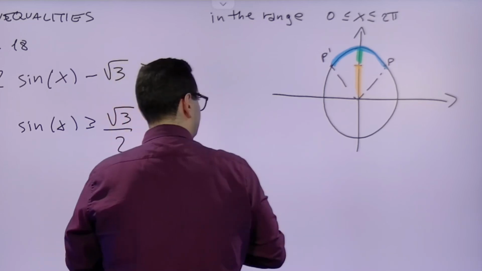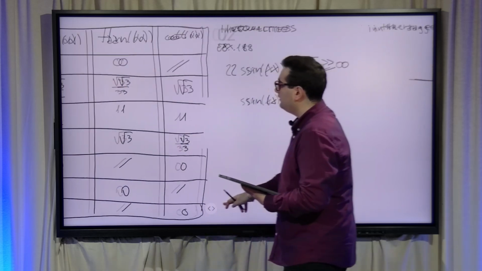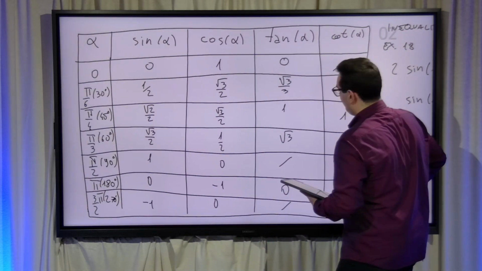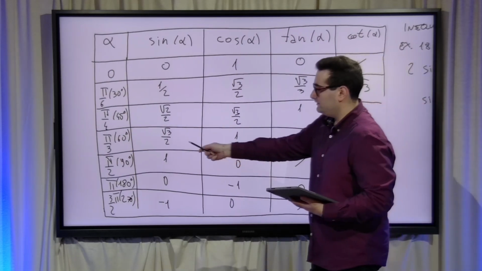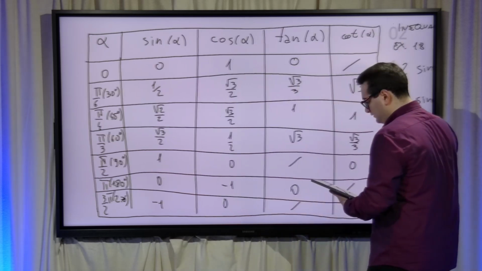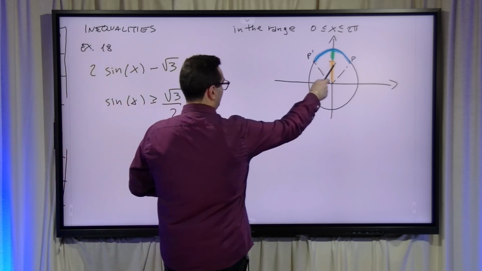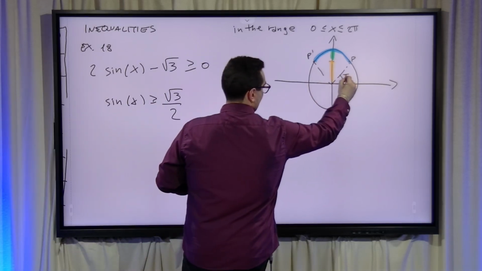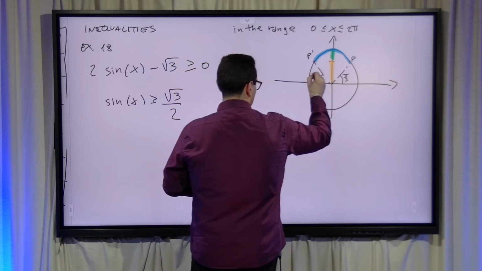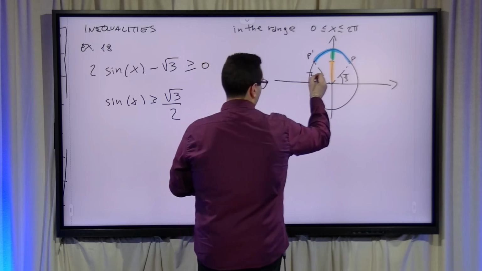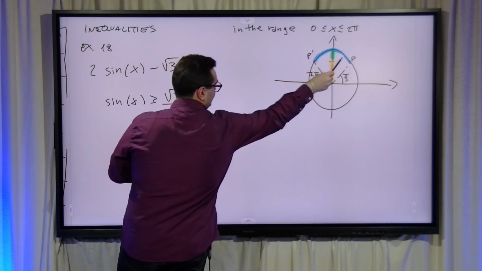So let's look in the table. I have here square root of 3 over 2, and this is the result. So this is pi over 3. This one is pi minus pi over 3. And I want this arc.